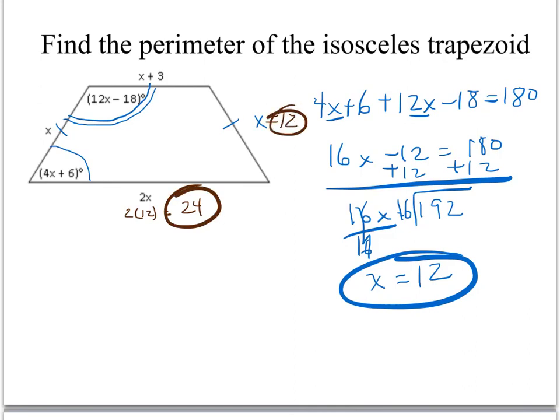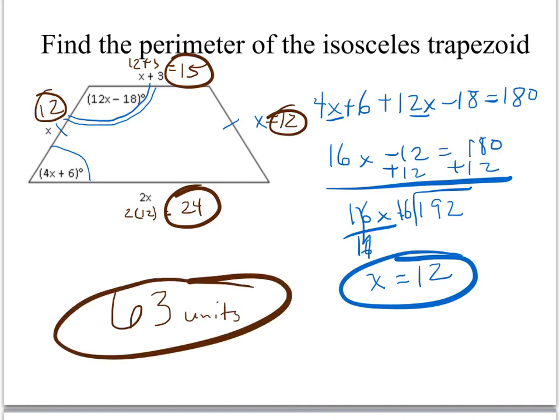This leg is going to be 12. This leg is also going to be 12. And the top is going to be 12 plus 3, which is 15. Simply a matter of adding those four numbers up. 24 plus 12 is 36, plus another 12 is 48, plus 15 is 63. So our perimeter is 63 units.